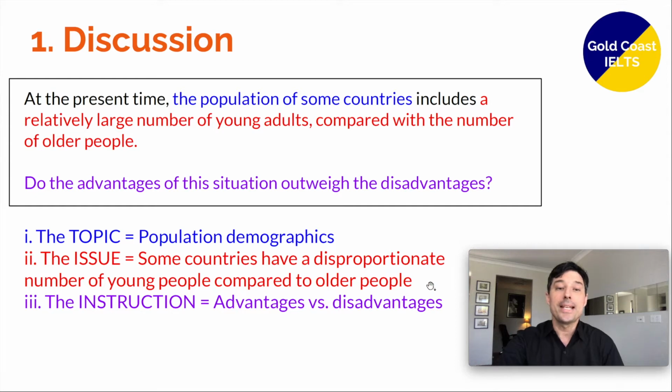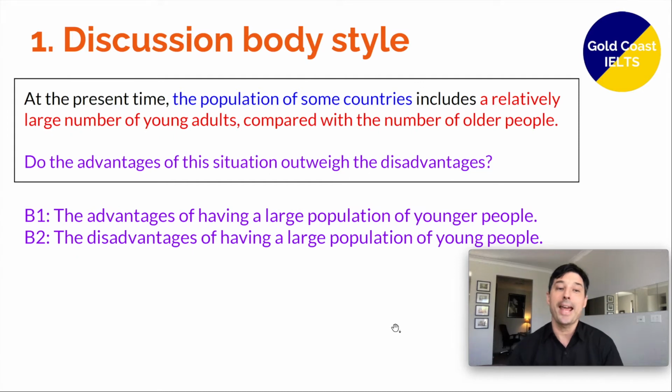The issue is some countries have a disproportionate number of young people compared to older people, and the instruction is advantages versus disadvantages. So if I was to make a little plan for the bodies, I would probably in my B1 talk about the advantages of having a large population of younger people, and in the B2 I would probably talk about the disadvantages of having a large population of young people.